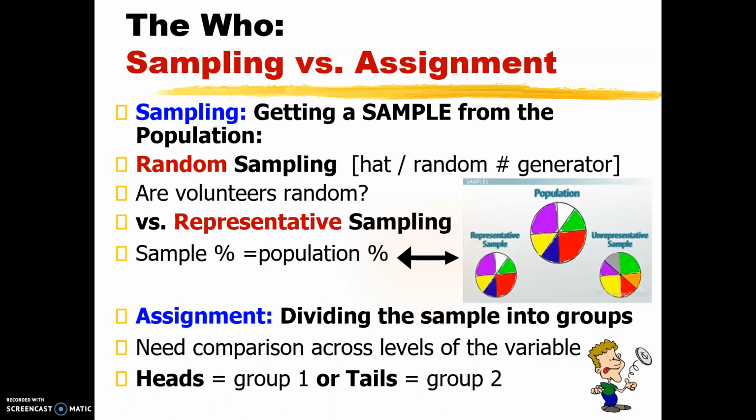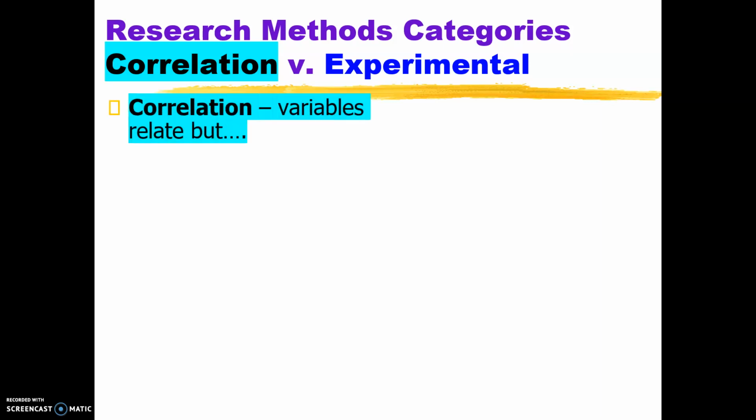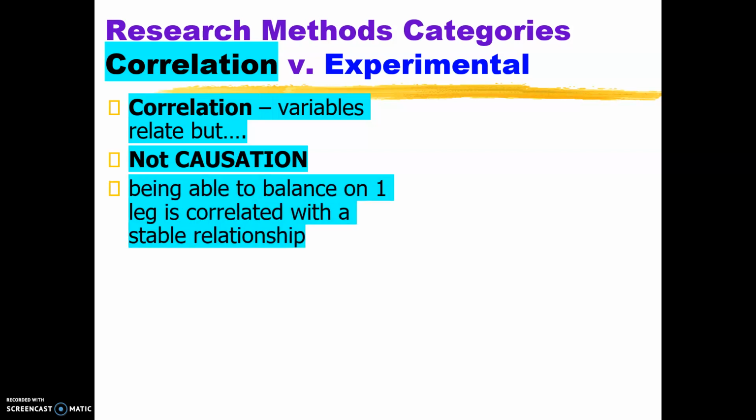Oh, and there's another little graphic for you there. All right, so research methods. Two big categories of research methods: correlation and experimental. With correlation, we have correlation is not causation. I'll make you say that for me a million times. These are so open-ended that we just don't control the variables, so we cannot say that the two variables in the hypothesis are cause and effect.